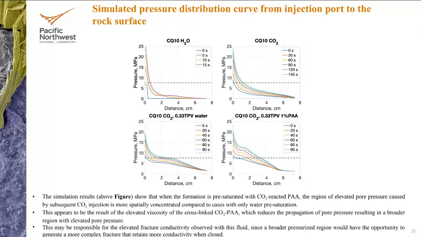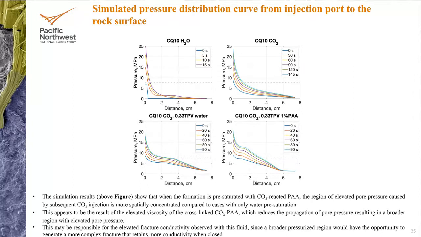And what we see for a 10 milliliter per minute flow rate of water, a 10 milliliter per minute flow rate of CO2, or introducing water followed by 10 milliliters per minute of CO2, or introducing polymer solution followed by 10 milliliters per minute of CO2, is that the pressure distribution, this dotted line, means the minimum principal stress.